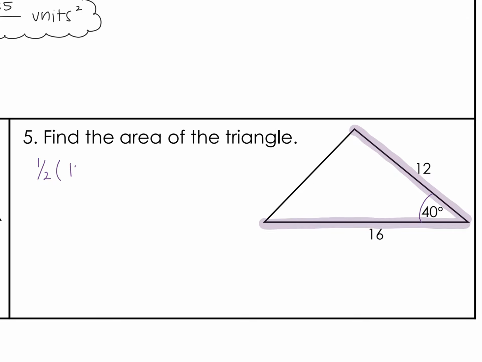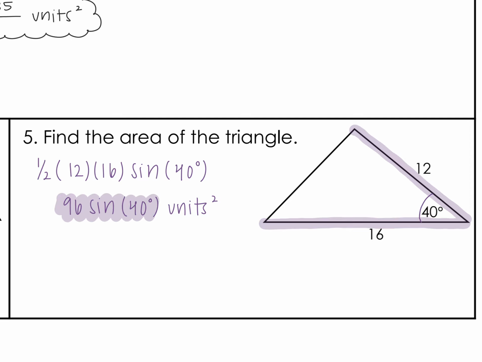So we would have 12 times 16 times the sine of 40 degrees. Taking 1/2 of 12, I get 6, and then I'm going to multiply that 6 times 16 to get 96. And then we'll have the sine of 40 degrees with our units squared, since they do not provide us with any units here.